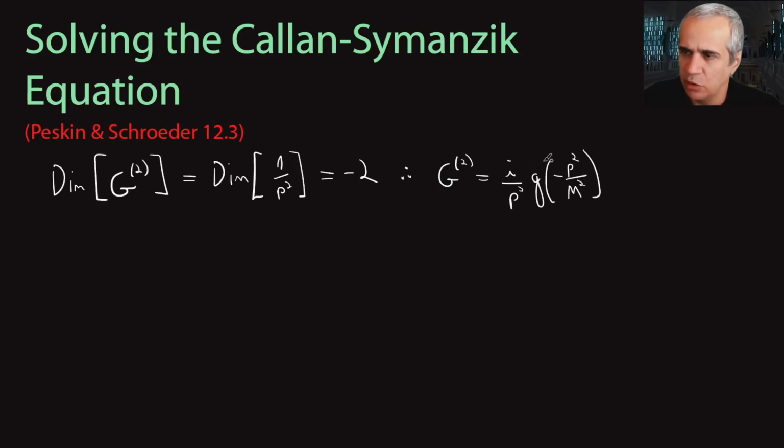So all the dimension is contained here, so this function must be dimensionless, and the dependency on p squared inside this function must be compensated by the only other scale in my theory, which is this mass squared. So keep in mind that the dimension of this function g is 0. And that will be useful in a few moments.